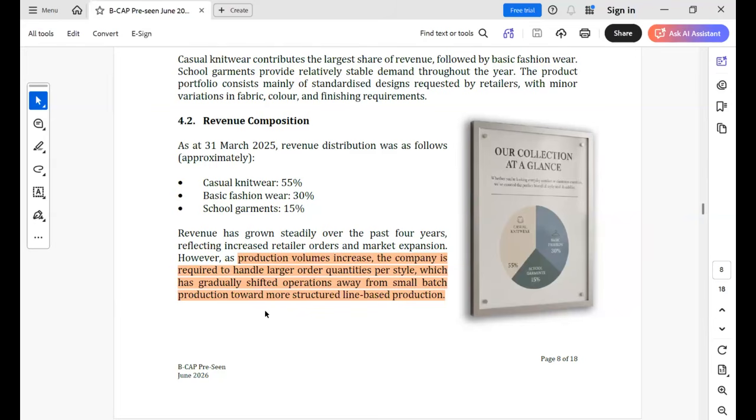Up to now, before the increase in production, what they have done is small batches. But now they are shifting from smaller batches to larger batches because of the increase in volume. When you are moving from small batches to larger batches, remember you have to rearrange your flow space, your production flow, right?